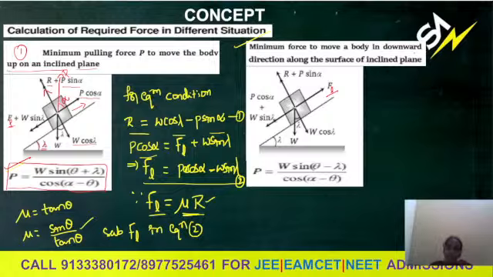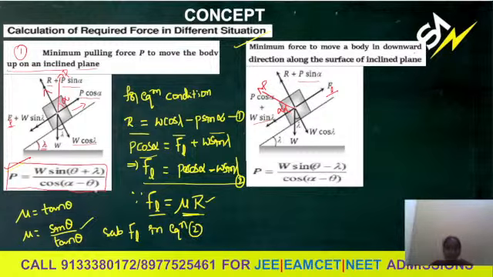Now the pulling force is acting in this direction, making angle alpha with the direction of the inclined surface. So this pulling force or external force resolves into its components: along the surface W sin lambda, P cos alpha, because that is the adjacent side. The opposite side is the normal reaction direction, that is P sin alpha.